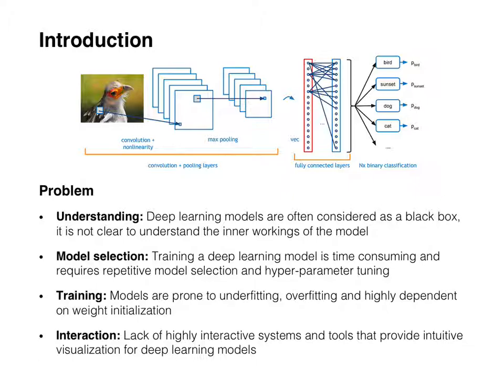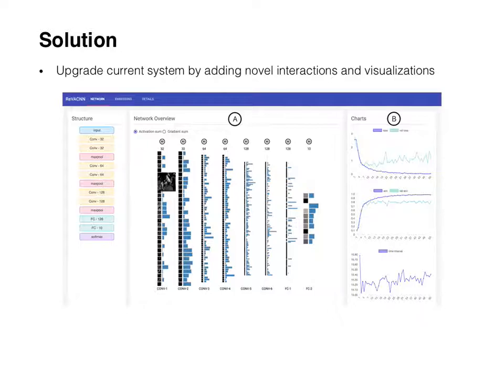You can change hyperparameters, but you need to retrain the model from scratch. So I think our project is the only interactive system that is publicly available. So my solution is to upgrade our current system with Iwakun by adding novel interactions and visualizations.